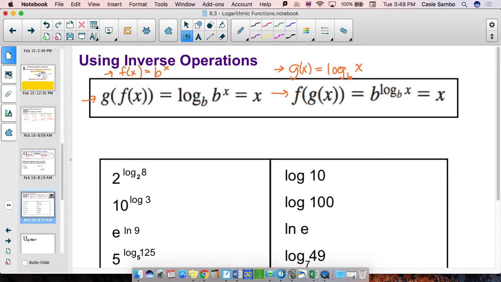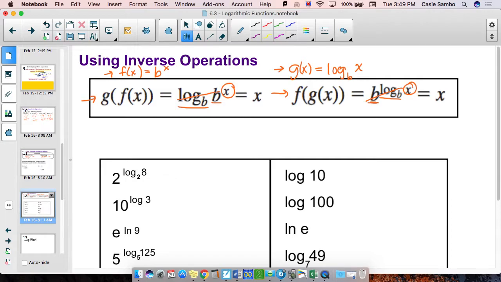Basically, all this says is that a log base b and a base of an exponential function are going to cancel each other out, and you'll just be left with that x. Same thing over here. This b as a base of an exponent and this log base b are going to cancel each other out, and we're just left with that x.